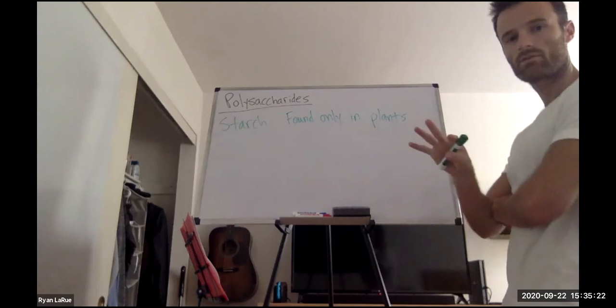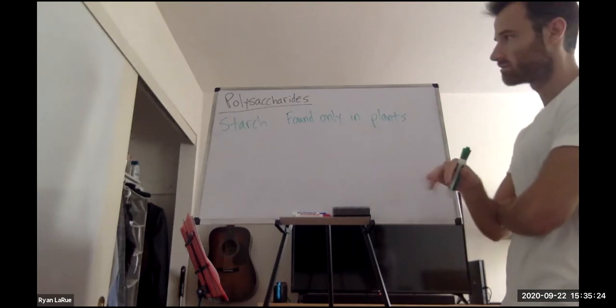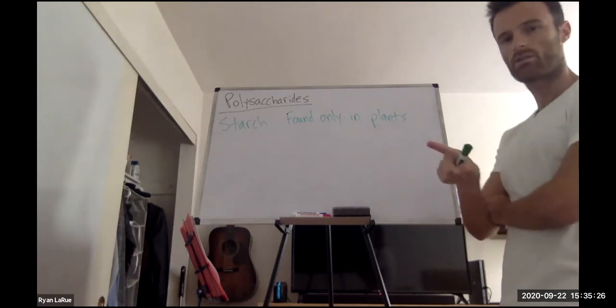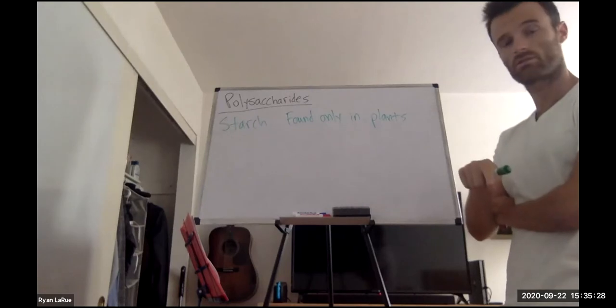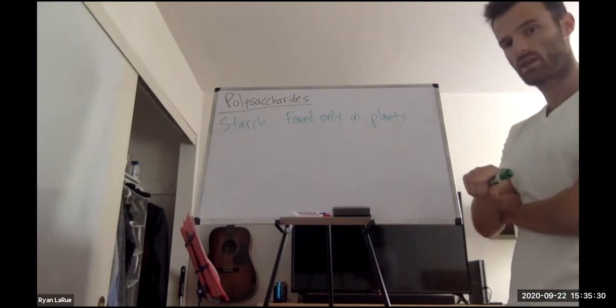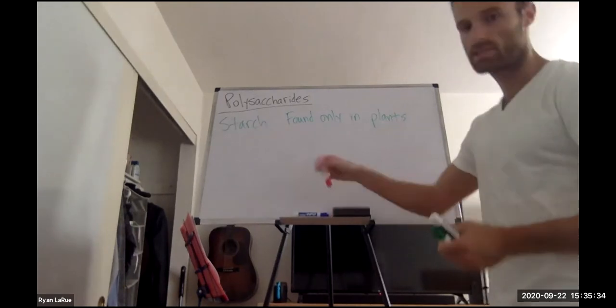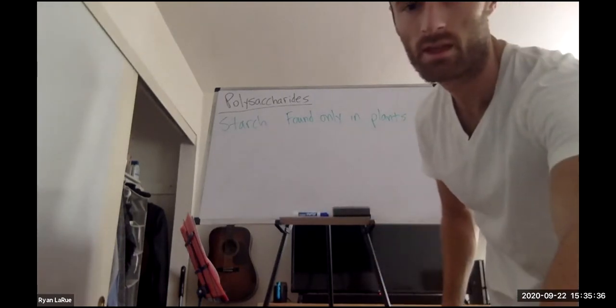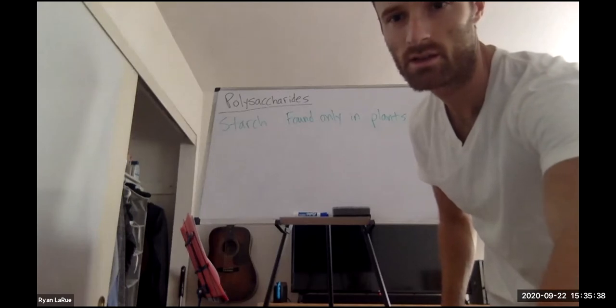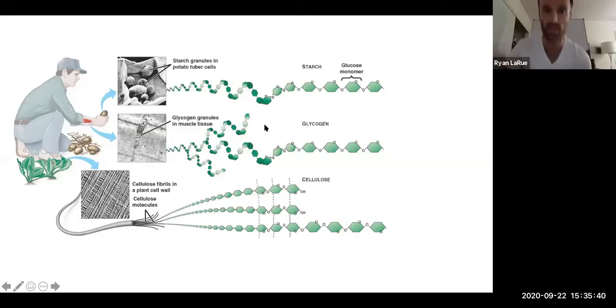Before I talk about the function of starch, I'm actually going to talk about another example of a polysaccharide first, because it has the same function. And then I'm going to group them together. By the way, you find starch in potatoes and grains like wheat, even corn.